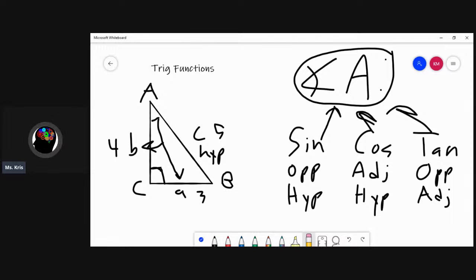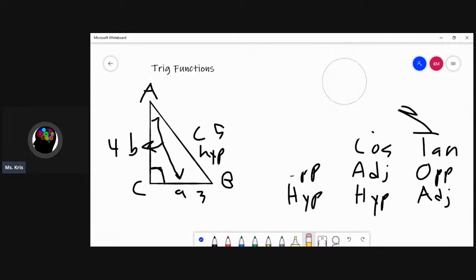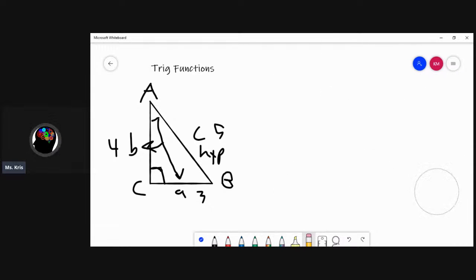Next up, we do have the opposite of each trig function. And they are as follows. So, of course, we are still relating this based off of angle A. So the opposite of the first three trig identities is simply the flipped fraction or the reciprocated fraction of these trig identities.